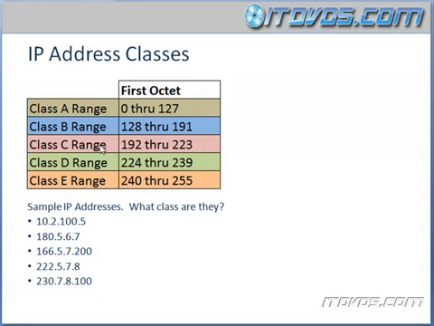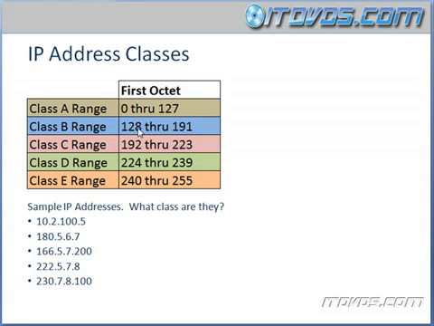Well, that is in between 192 and 223. The first octet is the 222. So that's a Class C address. And then finally, 230.7.8.100, we can see that is a Class D address because 230 is between 224 and 239. So we have to have these class ranges memorized.